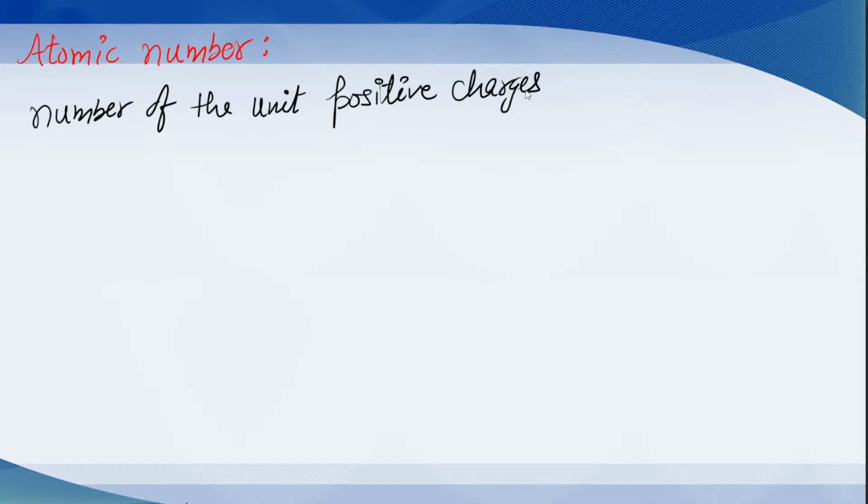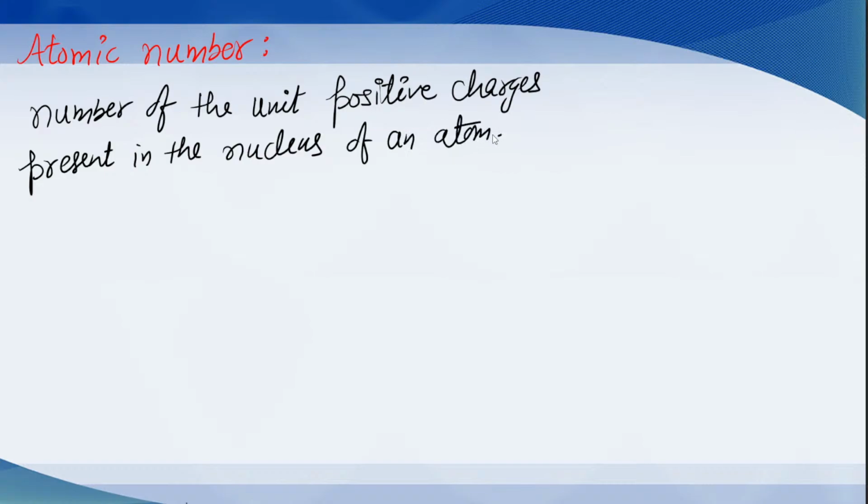So atomic number, the concept of atomic number, it is actually the number of unit positive charges present in the nucleus of an atom. That is called atomic number.